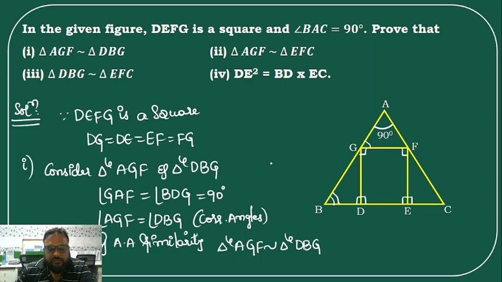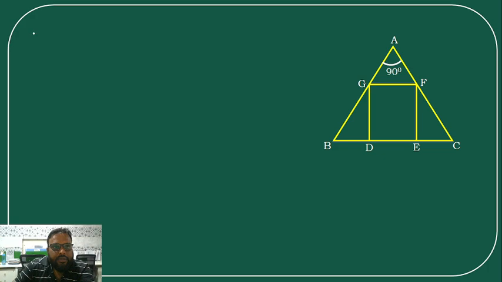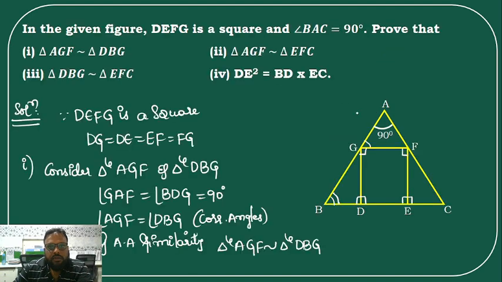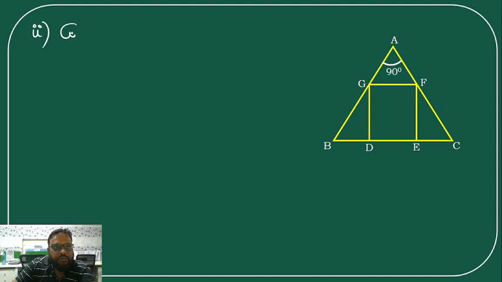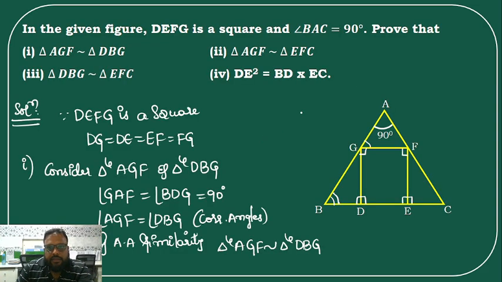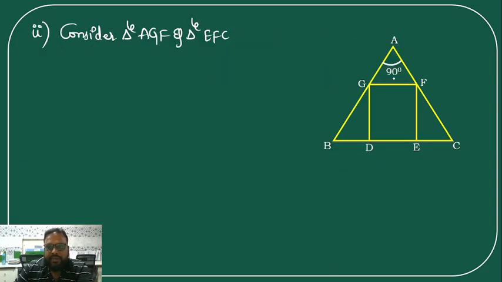The second one will also be done in a similar way. So second case, let us see what it is asking us to show: triangle AGF similar to triangle EFC. Now consider triangle AGF and triangle EFC. Again, the same thing.